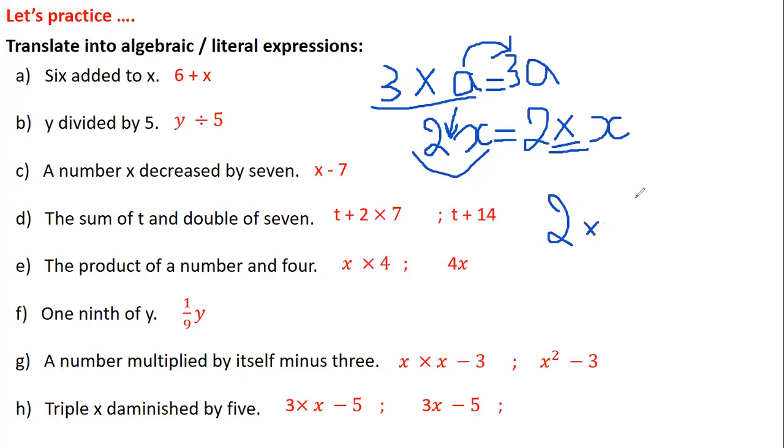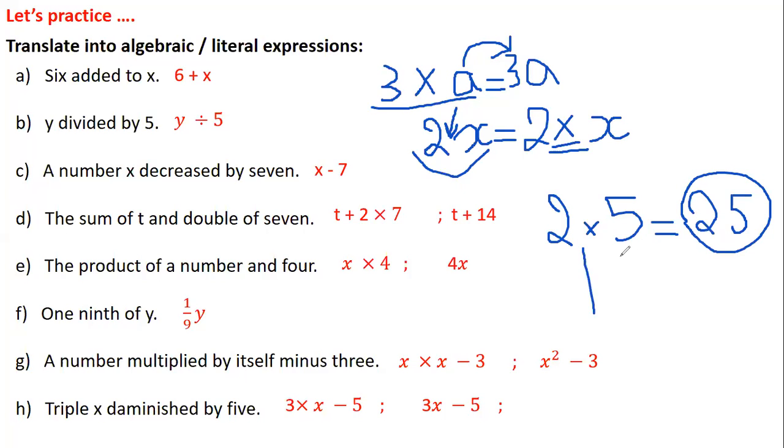So if I have 2 times 5, how should I write the answer, guys? Can I write 2 and 5 beside it? No. We cannot write this because in mathematics, this is read 25. So 2 times 5, I directly write it how much? 10. I write its answer.